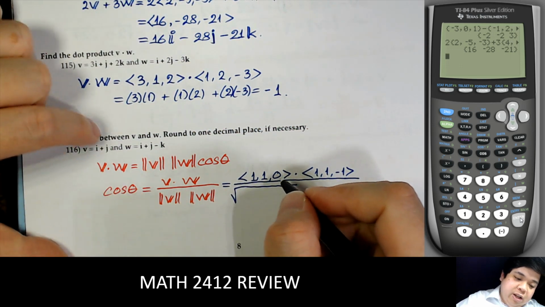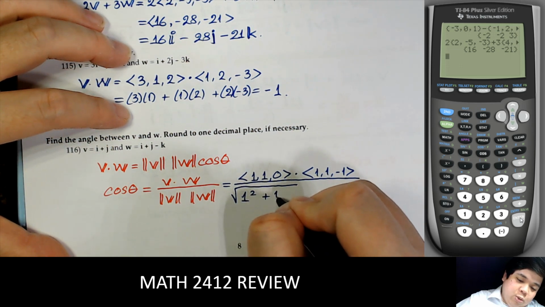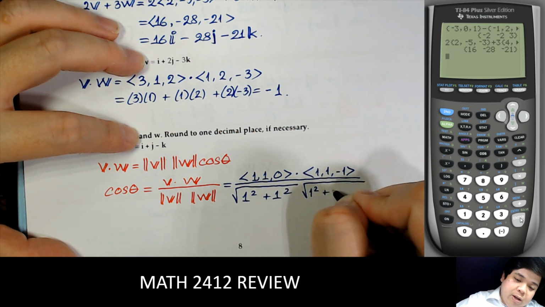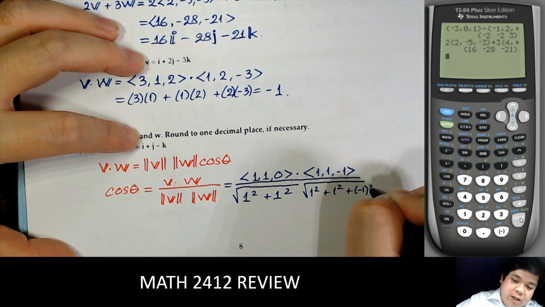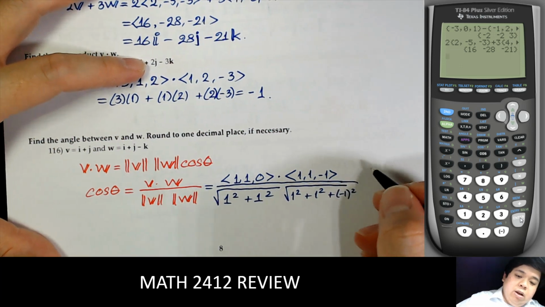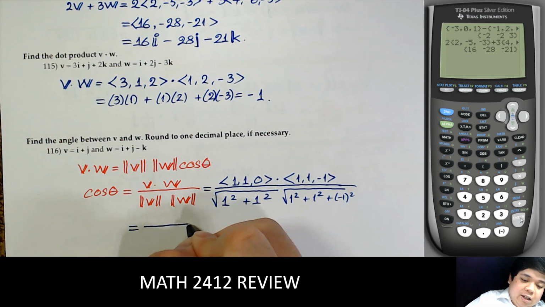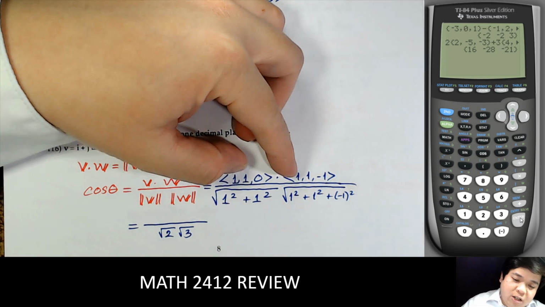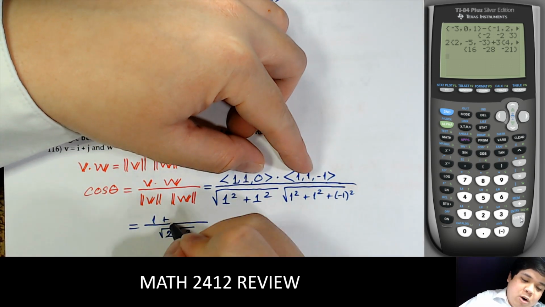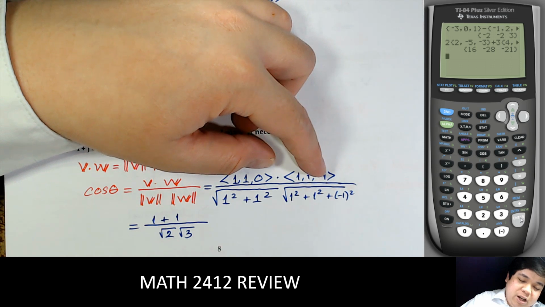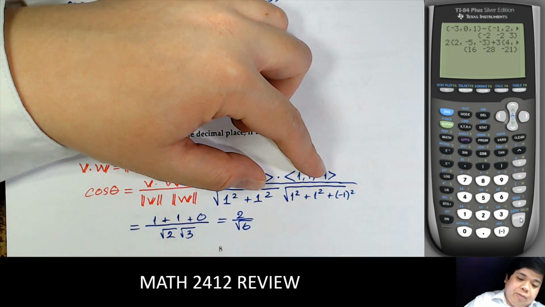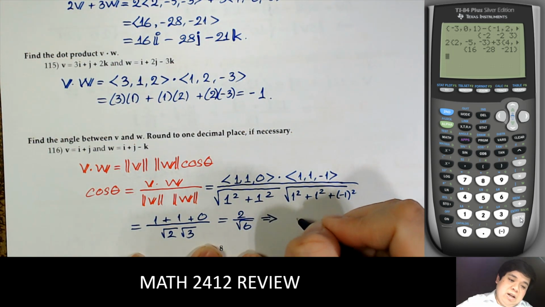The magnitude of V is the square root of 1 squared plus 1 squared, and the magnitude of W is the square root of 1 squared plus 1 squared plus negative 1 squared. At the bottom we have square root of 2 times square root of 3, or square root of 6. On top, 1 times 1 is 1, 1 times 1 is 1, and 1 times negative 1 is negative 1, so the sum is 1 plus 1 minus 1, giving 1. And then cosine inverse of that.